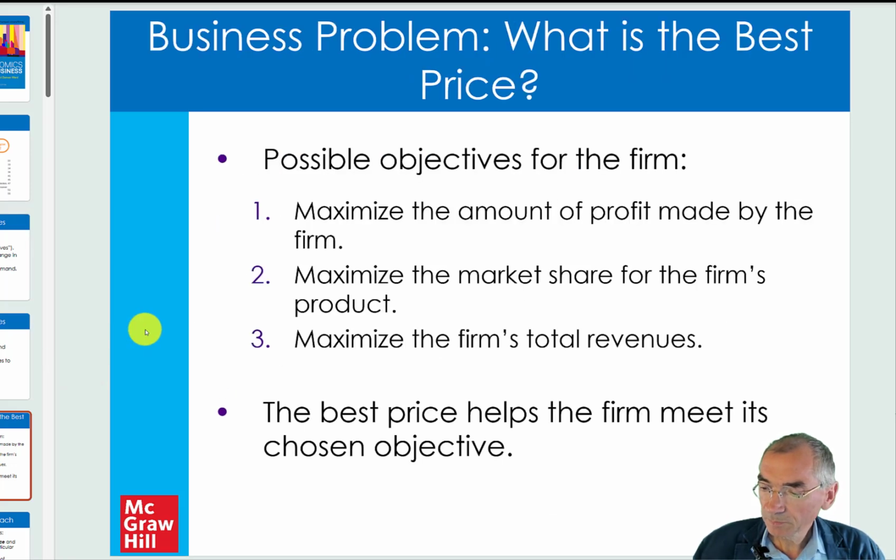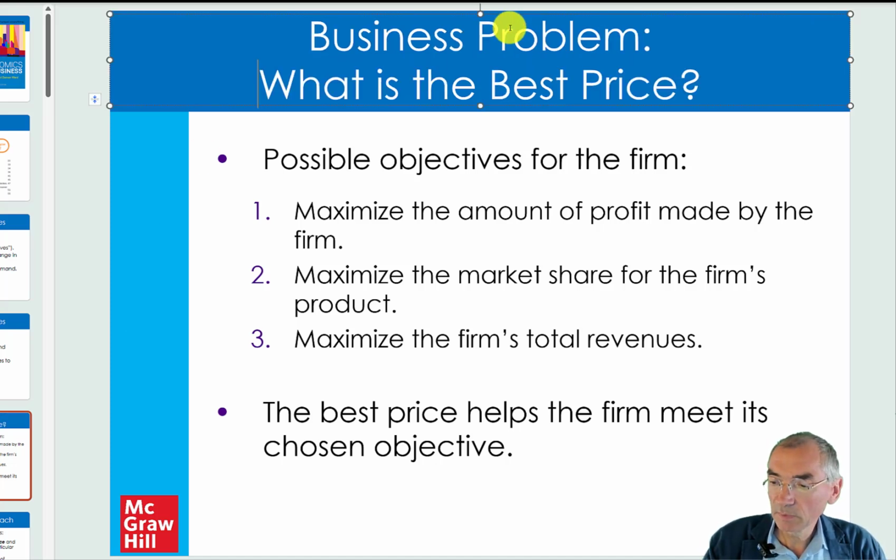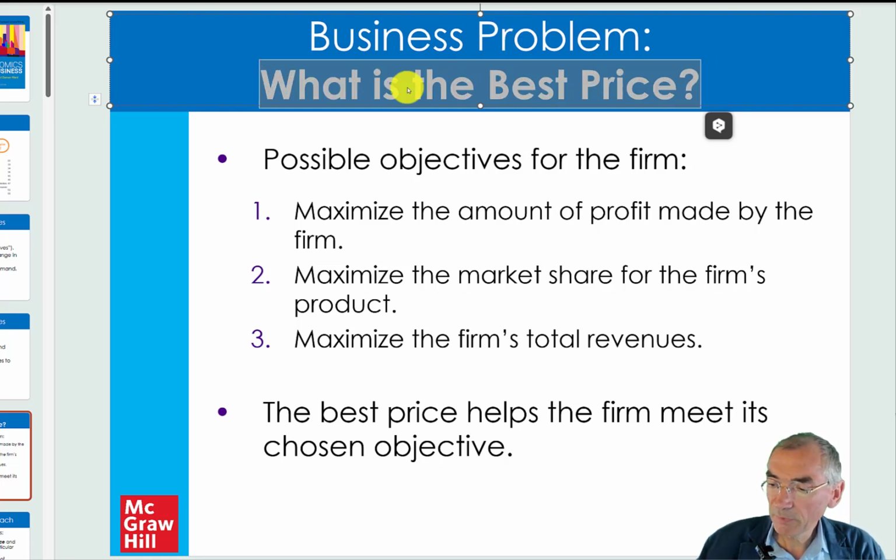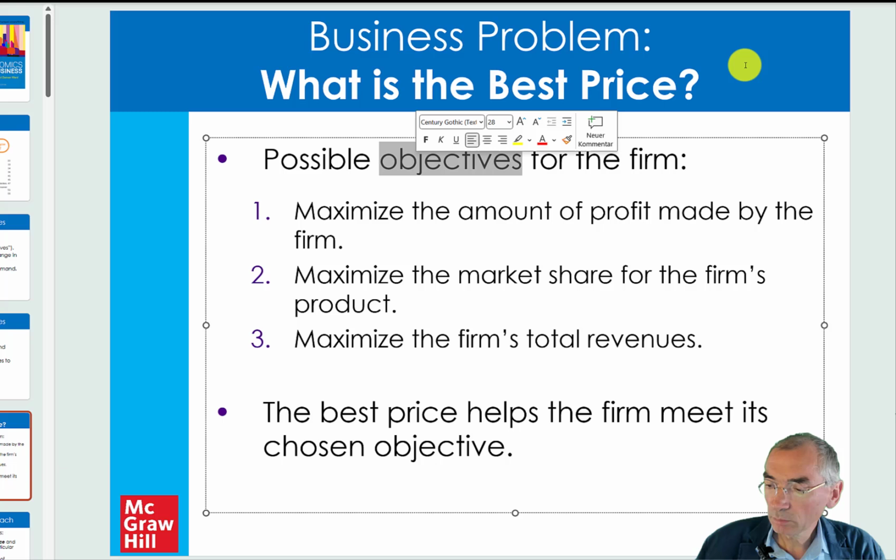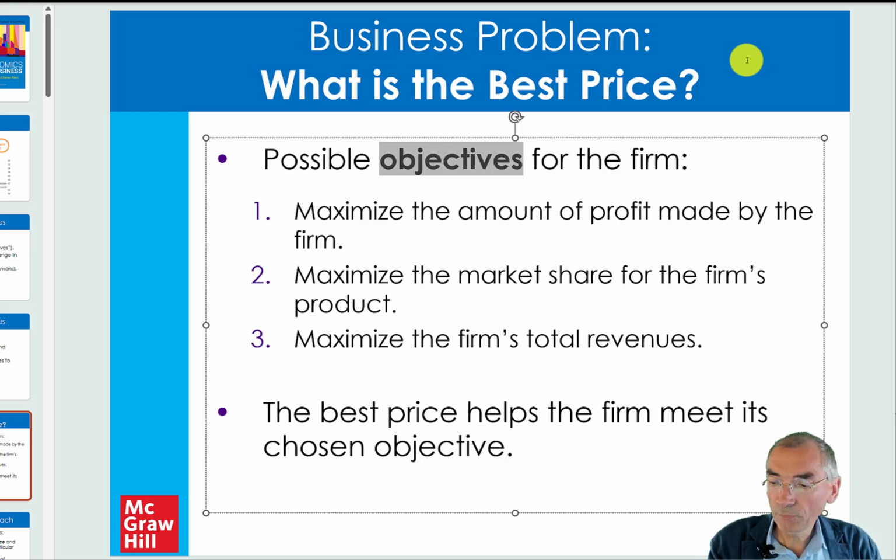Learning outcomes are based on the question, what is the best price, or what is sort of the problem of businesses? In order to describe this, we have to talk about the objective of firms. What is it that firms want to achieve?